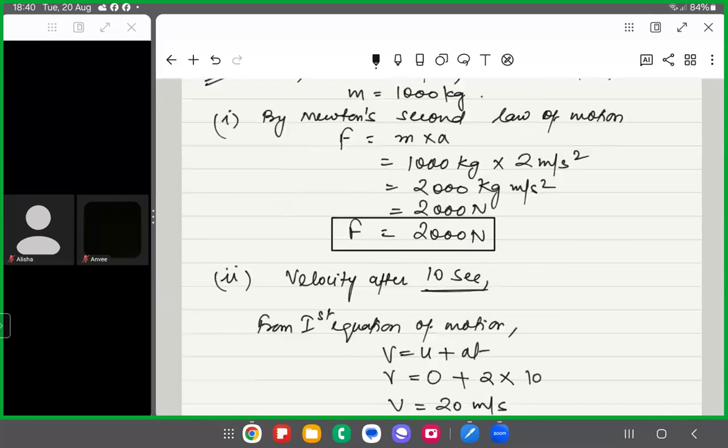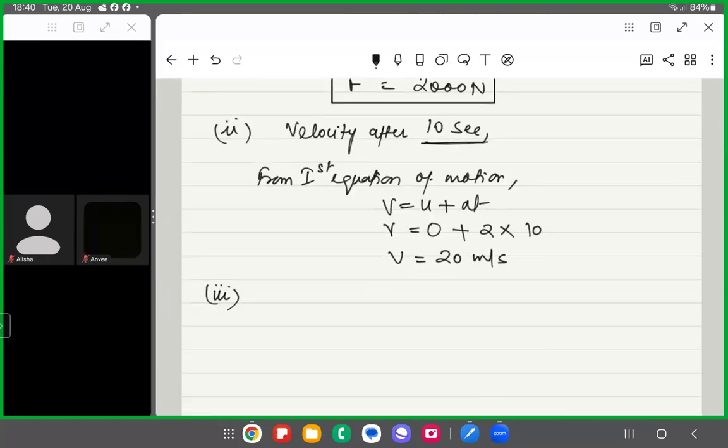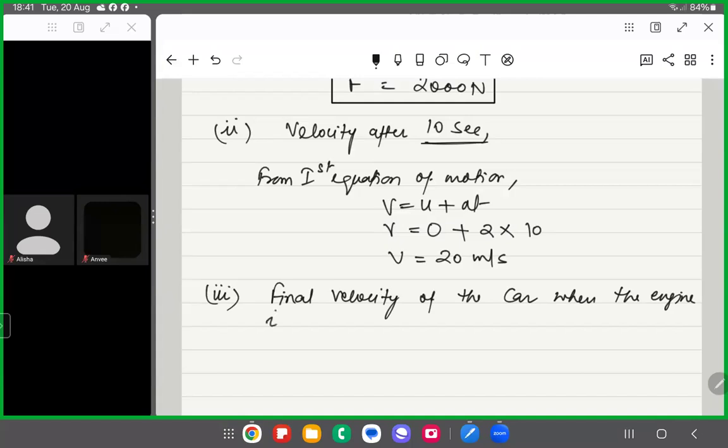Are you getting that? So what we will do, we will first find out the final velocity of the car after 15 seconds, because the engine was working for 15 seconds. So the car attained some velocity. Yes or no? So write down the final velocity of the car when the engine is on, after 15 seconds.